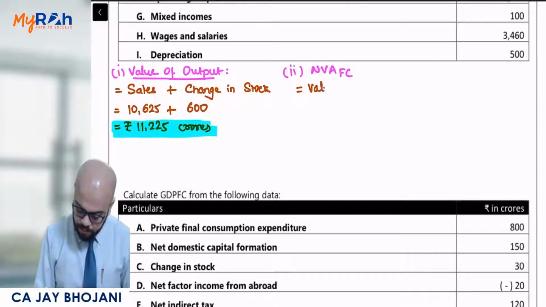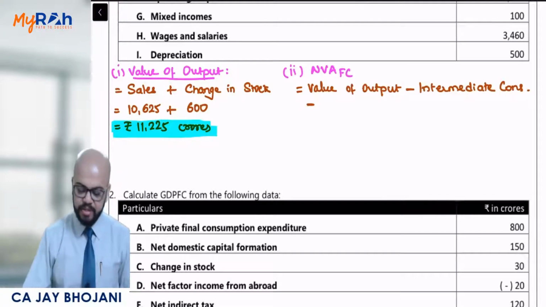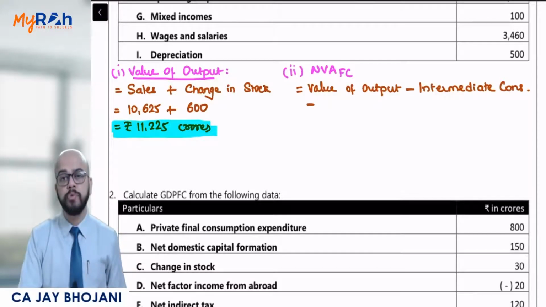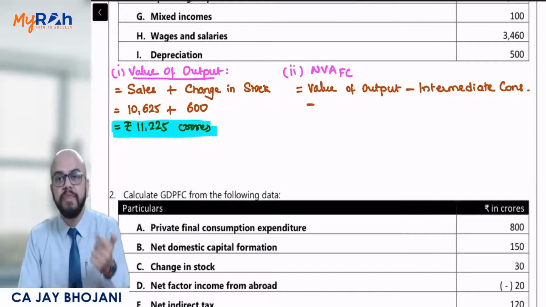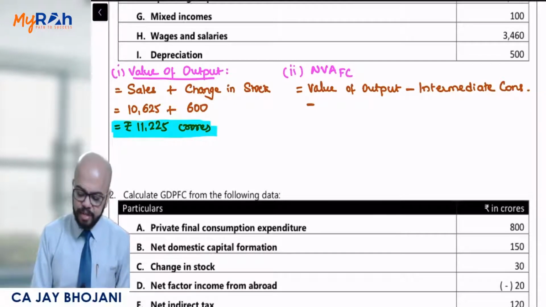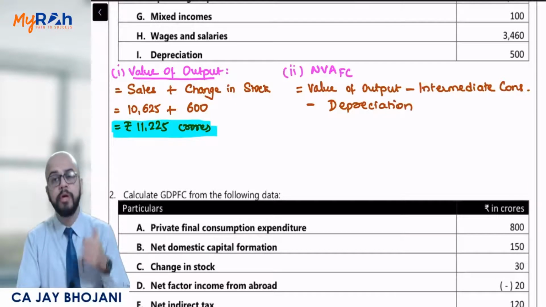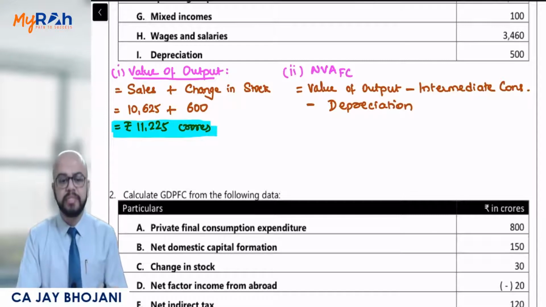So value of output minus intermediate consumption is going to give you GVA market price. First I will want to find out NVA market price, so for that I will have to deduct depreciation. So value of output minus intermediate consumption minus depreciation is going to give me NVA market price.